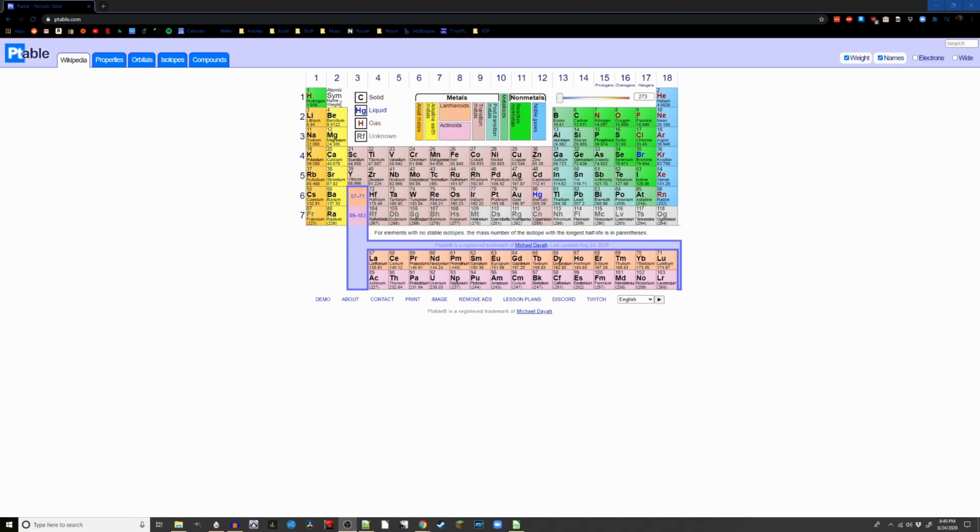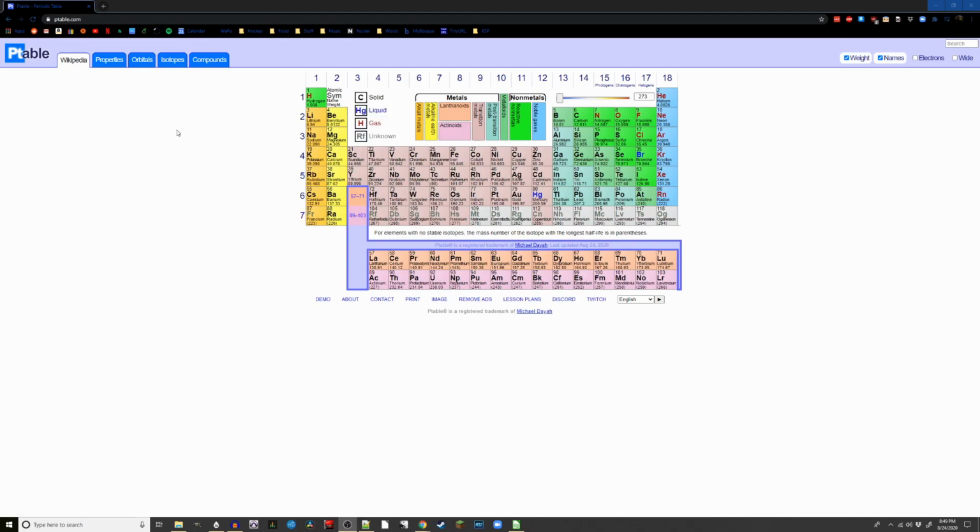We'll talk about exactly what that means in just a little bit. But suffice to say, it is an average of all that particular element in the universe. The last thing on this version of the periodic table is in the top left corner, the atomic number, which is just telling us the number of protons this particular element has. For example, uranium has 92 protons.